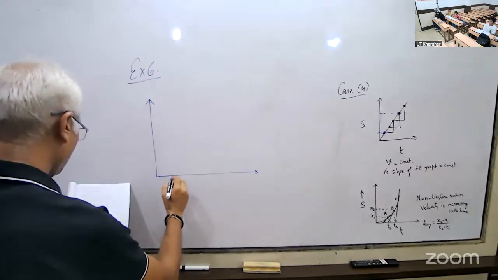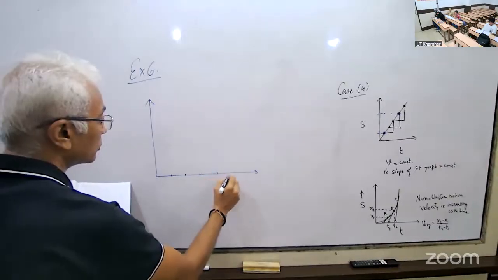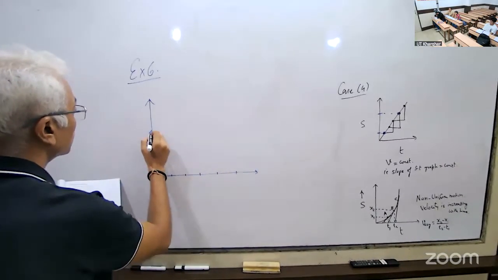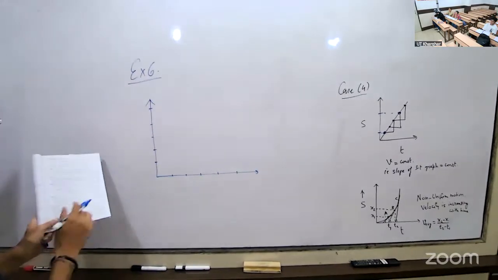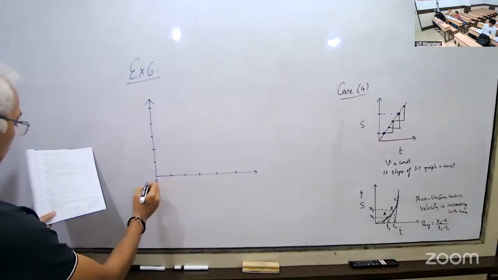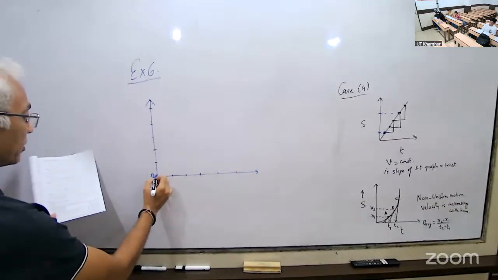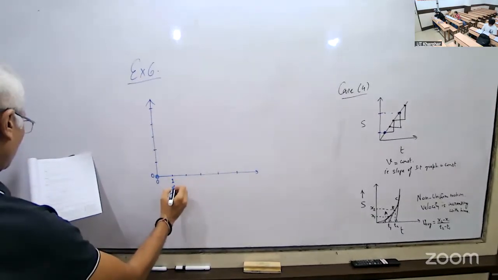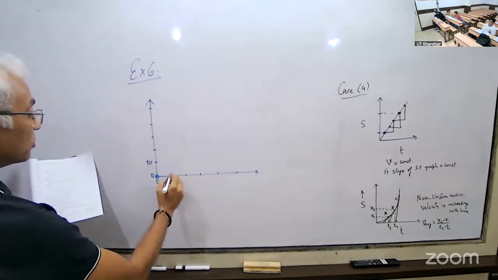Time on the x-axis. What is the first point? When time is 0, distance is also 0. So this is the first point. When time is 1, distance is 10.